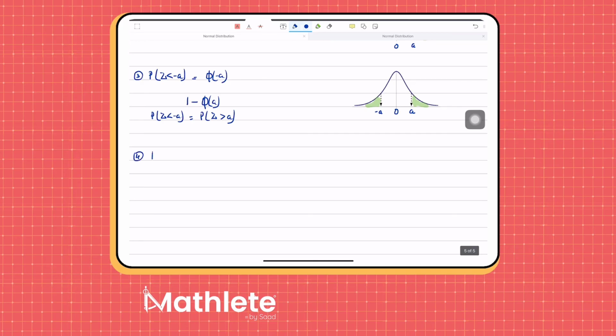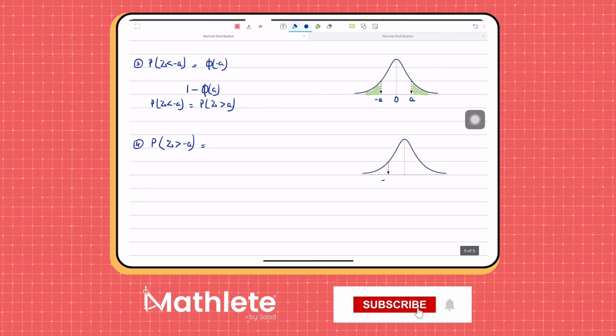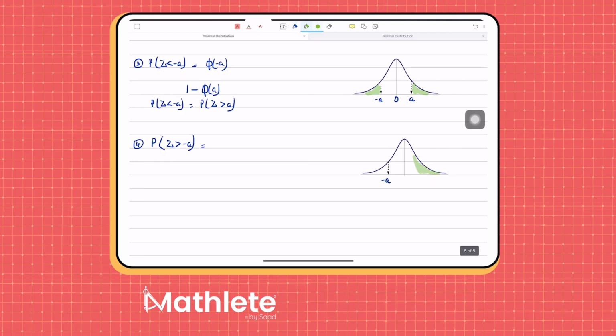Rule number 4 is, if you want to find the probability that z is greater than minus a, let's see how that works. Minus a is going to be, let's say, somewhere over here. As per the question, you have to find this area.